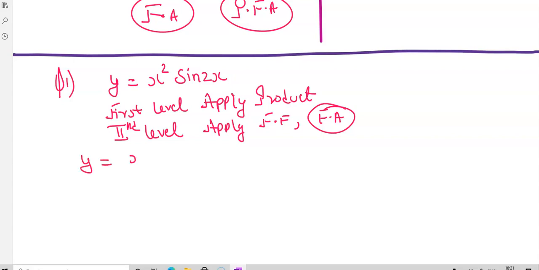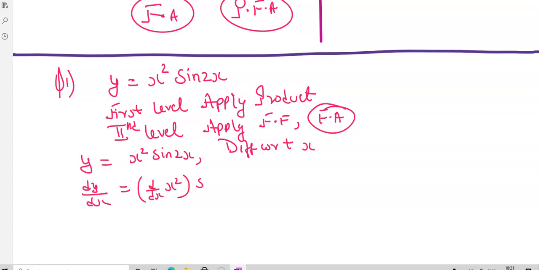Now this is y is equal to x square sine 2x, differentiate with respect to x. dy by dx, I am writing here directly, d by dx of x square into sine 2x plus x square into d by dx of sine 2x.